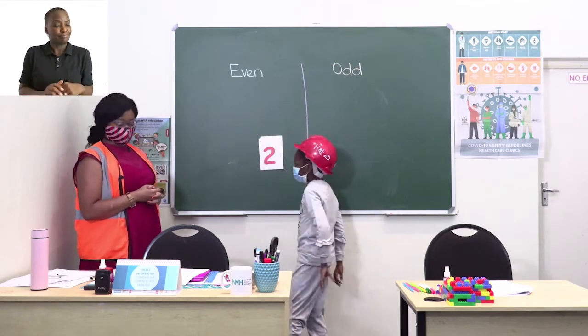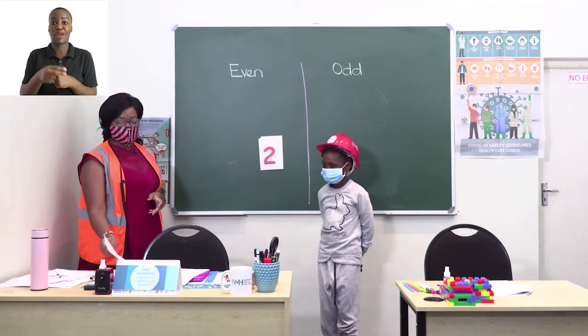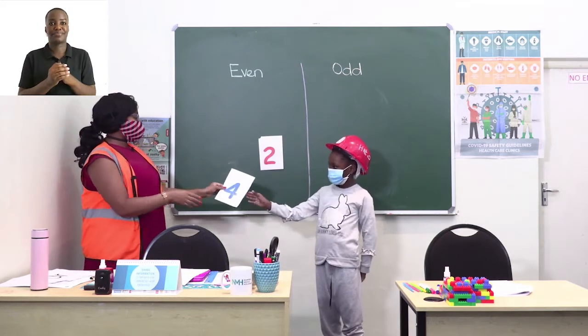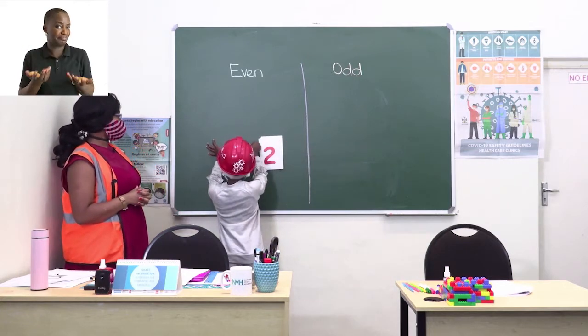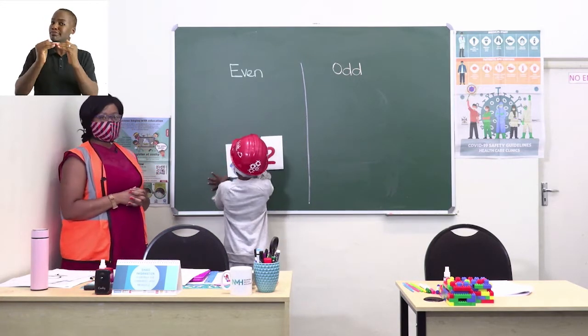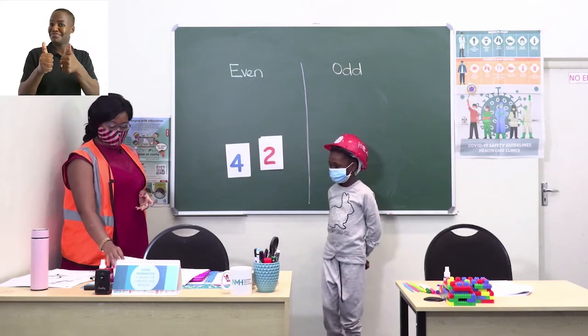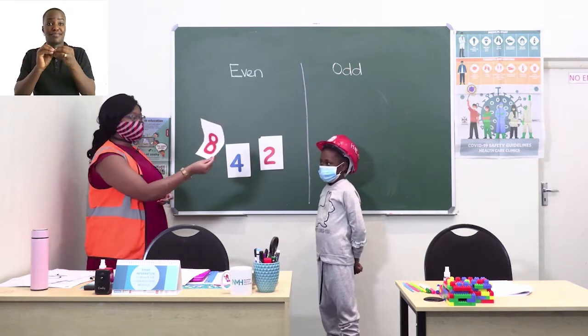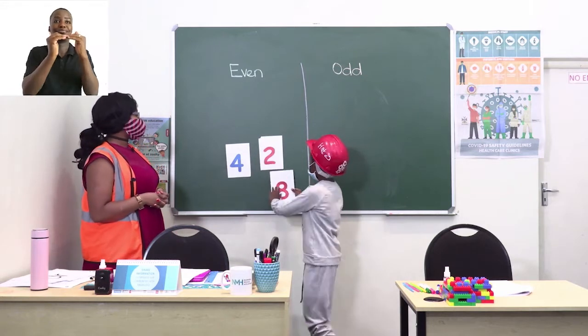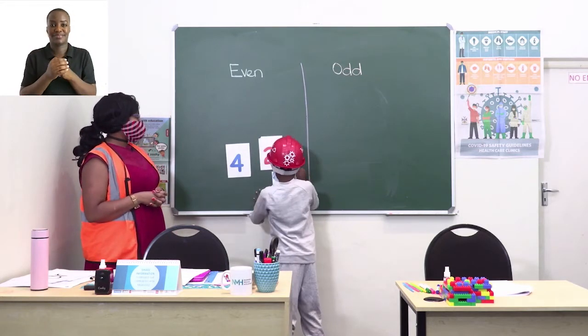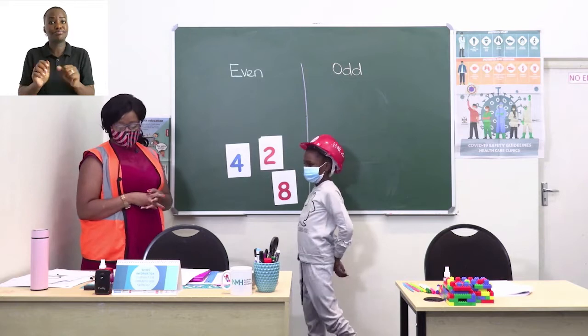Well done! The next number is 4. Is that an odd number or an even number? Very good! The next number we're going to try is 8. Is that an odd number or an even number? Well done!